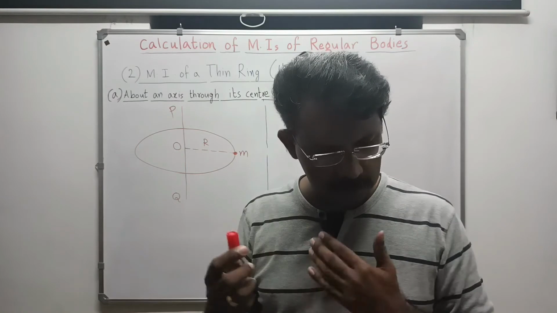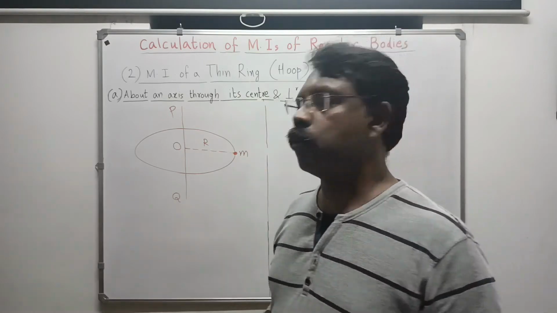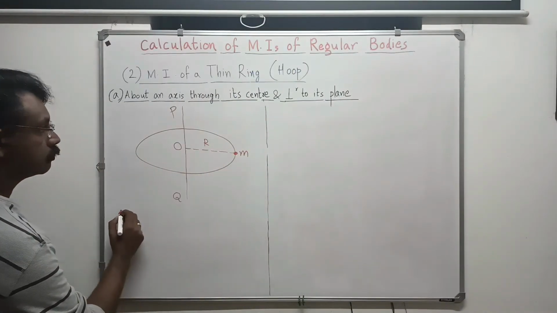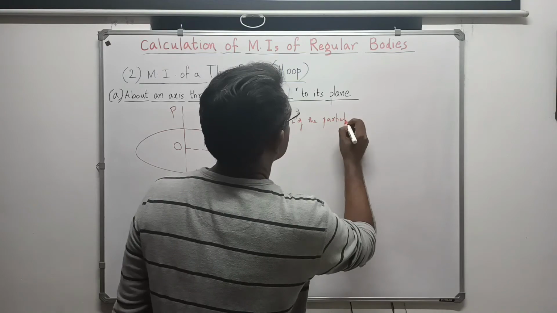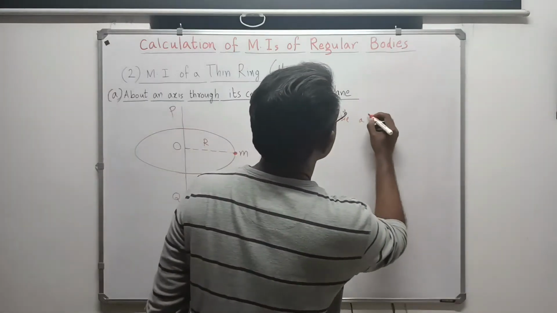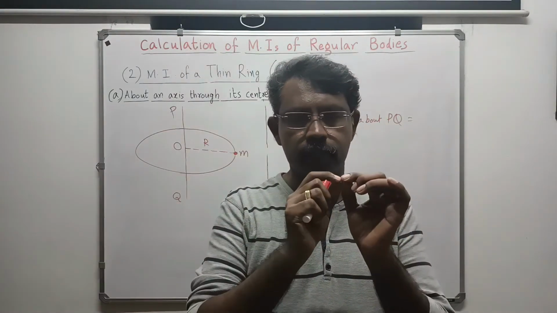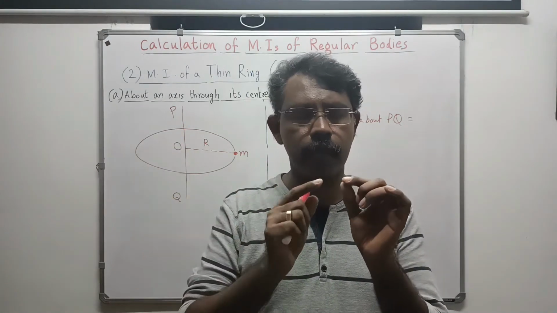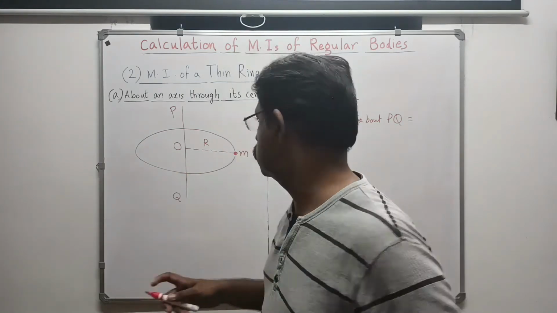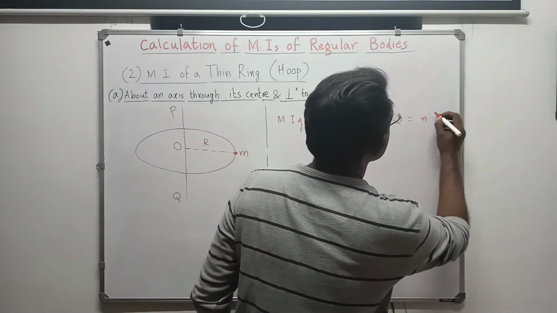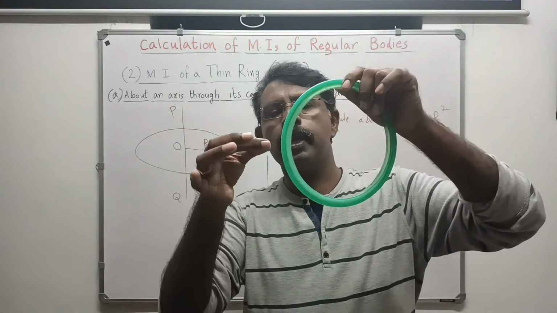The next step will be to calculate the moment of inertia of the particle about PQ. So the moment of inertia of the particle of mass m about PQ is equal to, we know that if I have a particle of mass m at a distance r from any axis, the moment of inertia of the particle is given by the product of the mass of the particle and the square of the distance between the particle and the axis. So I can write m r squared.